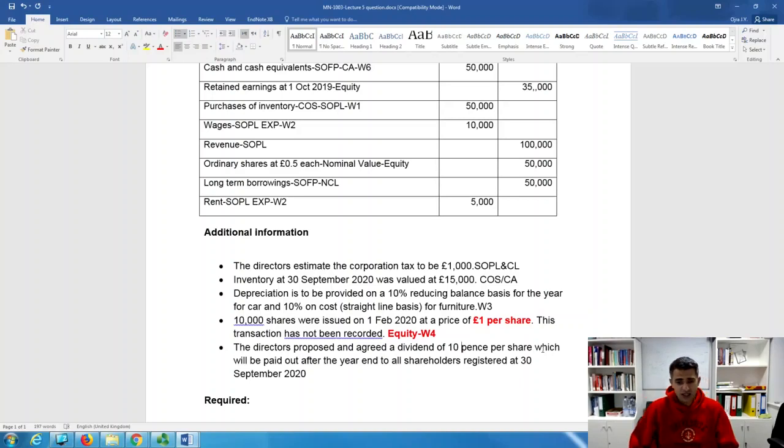So now the last additional information here, you see that the directors proposed and agreed a dividend of 10 pence per share, which will be paid out after the year end to all shareholders registered at 30th of September 2020 in the financial year. Remember, guys, when I explained the lecture, I explained that dividend payable is a concept.